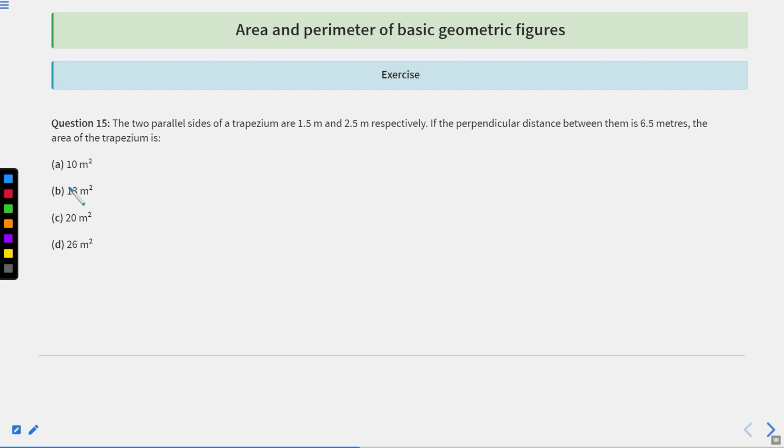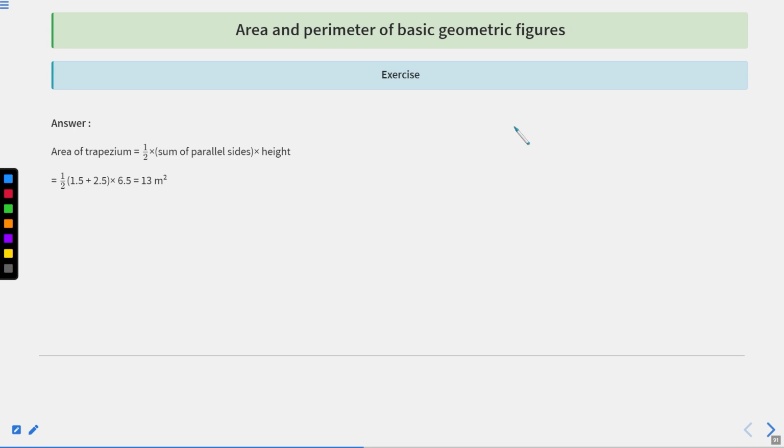Question number 15. In question number 15, the two parallel sides of the trapezium are 1.5 meter and 2.5 meter. If the perpendicular distance between them is 6.5 meters, the area of trapezium is. So in this question, we are provided with the trapezium.